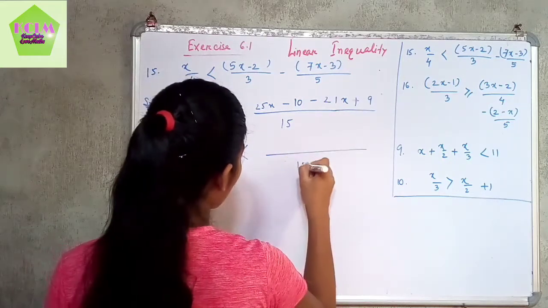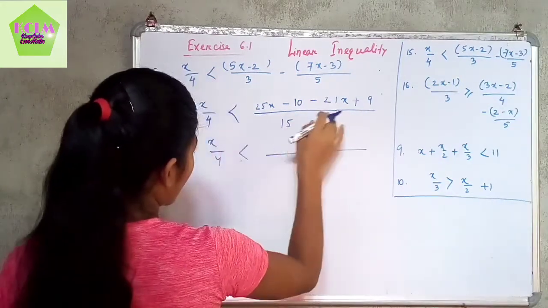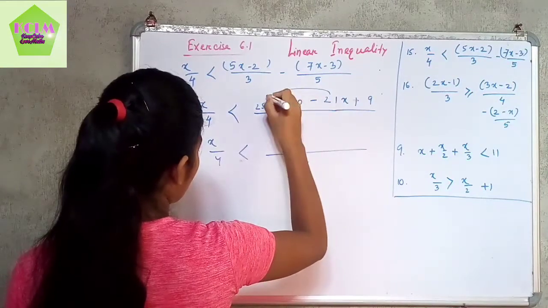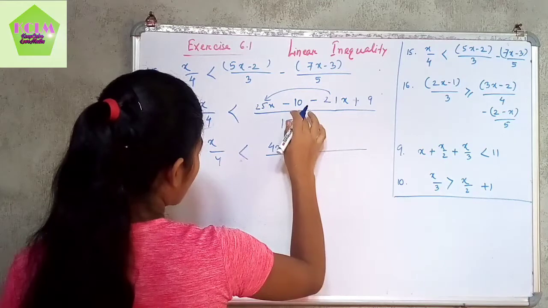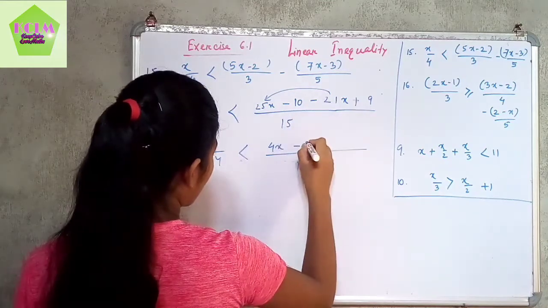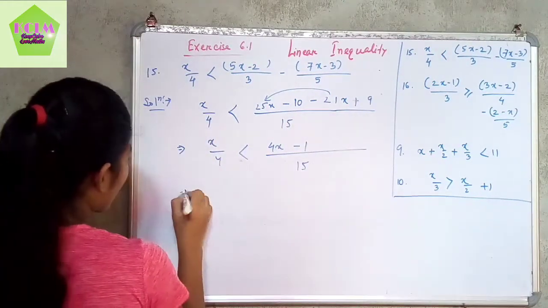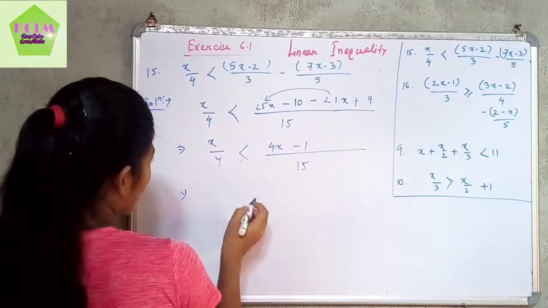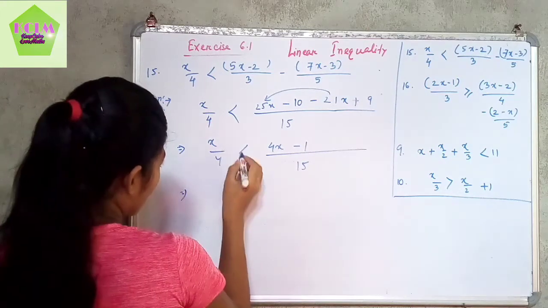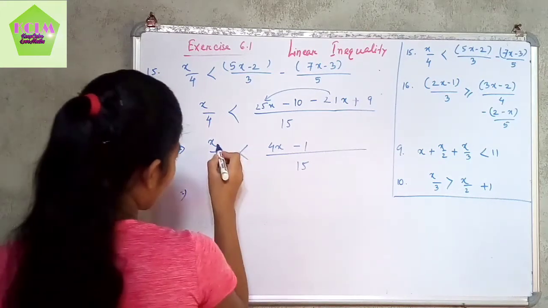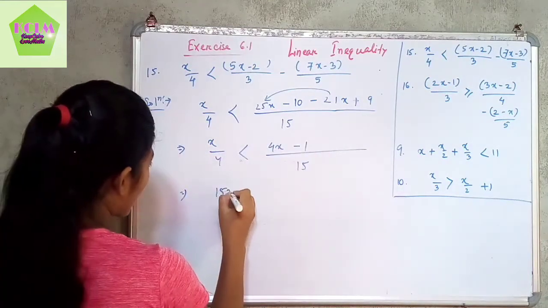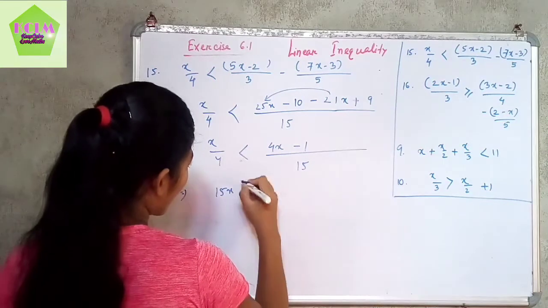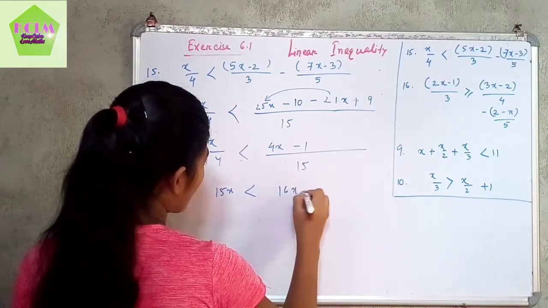So 25x minus 21x, the result will be 4x, and minus 10 plus 9 becomes minus 1. Now we cross multiply these parts, x into 15 and 4 into this part. 15x is less than 4 into (4x minus 1), 16x minus 4.